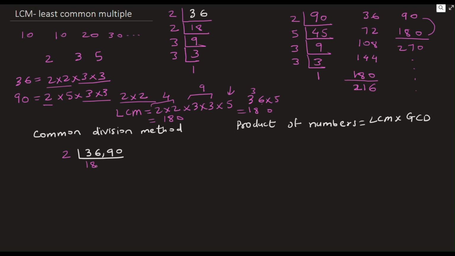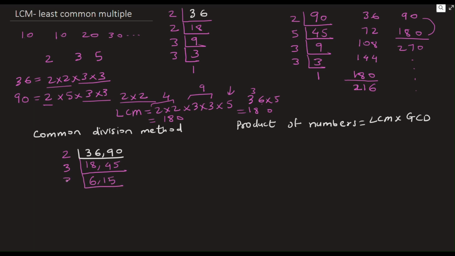Dividing 36 by 2, the quotient is 18, and 45 is the next number. Then I don't have 2 anymore. The prime number that divides these two together is 3. 3 times 6 and 3 times 15.